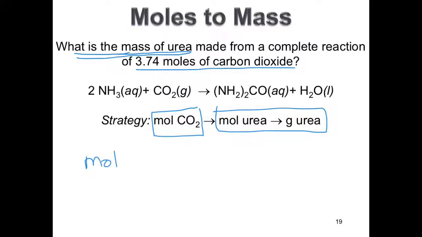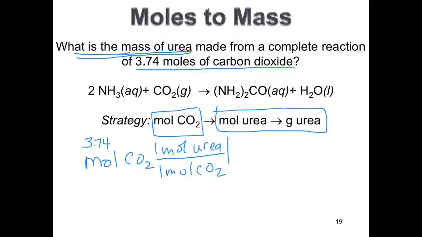Start off with moles of CO2, 3.74. Going to multiply that by 1 mole CO2 in the denominator, 1 mole urea in the numerator, and then we're going to put in the molar mass of urea, which I'm looking up right now.